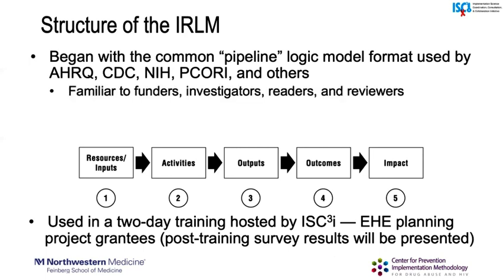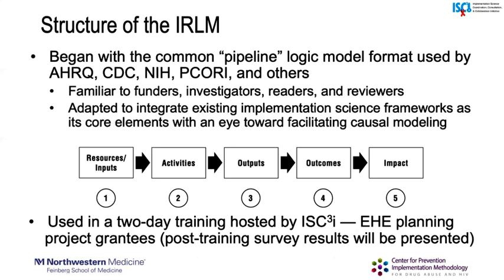We chose this model, or at least to base it off of a pipeline approach, because this is a familiar structure to funders, investigators, many readers of our studies and of our proposals, as well as reviewers. We adapted it to integrate existing implementation science frameworks as its core elements with an eye towards facilitating causal modeling.